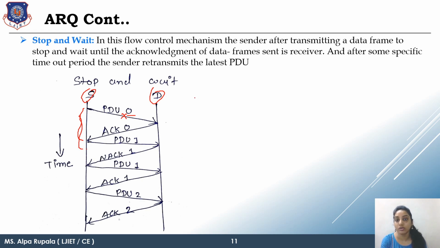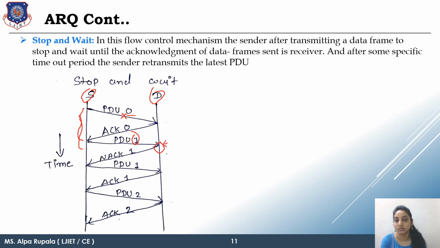The second one is a damaged PDU. Suppose your PDU 0 is sent to your receiver successfully, and it also sends the acknowledgement successfully. Now the sender will send the next PDU with sequence number 1. Suppose this PDU has an error after applying some error detection technique.